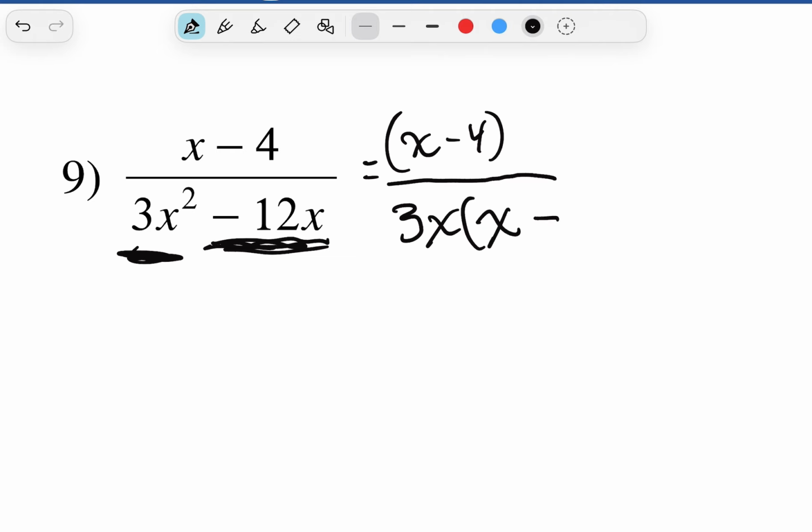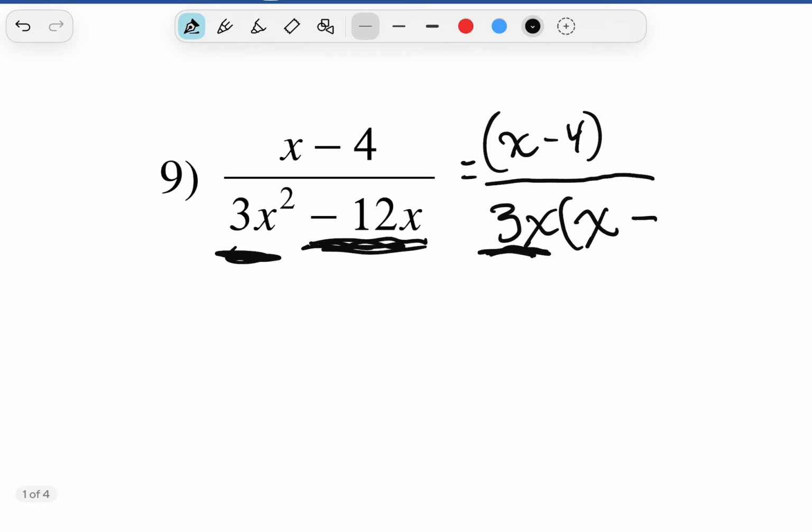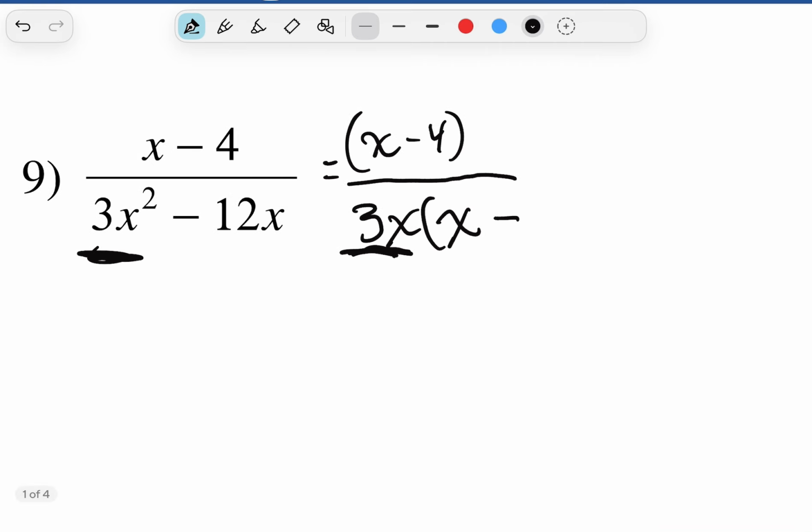So now what do we have to multiply 3x by to get -12x? Well, we have to multiply by -4. -4 times 3x is -12x, right? So if we were to distribute this out, we would get our original 3x squared minus 12x back.